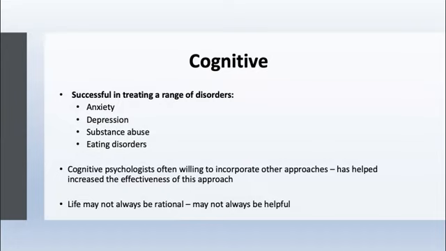And this approach tends to be effective as cognitive psychologists are quite willing to incorporate other approaches with their treatments. So, this willingness to incorporate different approaches increases the overall effectiveness of their treatment.